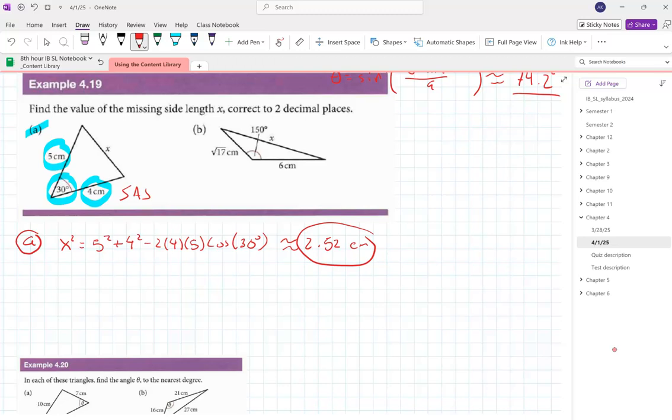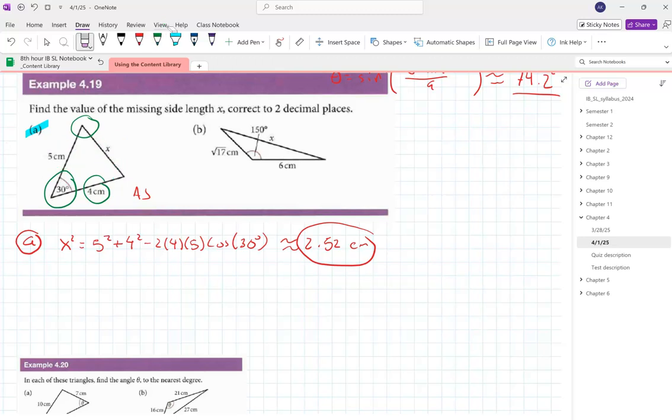You guys okay there? I want to point out to you that there's a check-ish that we can do. I know there's a theorem in geometry that says the side lengths and angle measures in a triangle are proportional. So the shortest side should be opposite the shortest angle, the medium angle opposite the medium side, and the biggest opposite the biggest.